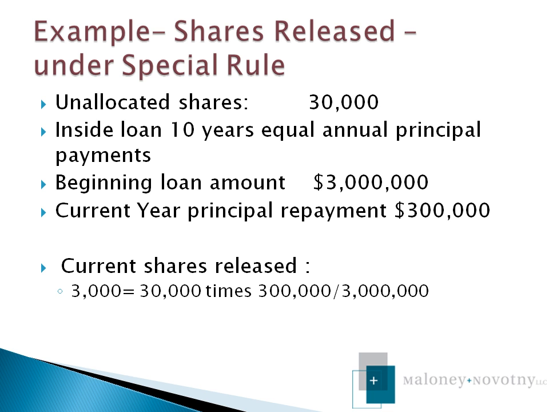So you can see we took the current year principal payment of $300,000 divided by the current principal plus all future payments, which in this case is the beginning loan amount since it's our first payment, multiplied it by our unallocated shares, which is all of them at this point, resulting in the 3,000 shares that we used in our calculation. And if you were to run this out for the next 10 years, you would get 3,000 shares per year, which is in line with the rules and the limitations under the special rule that we used.